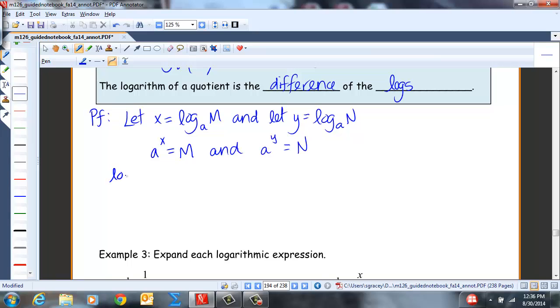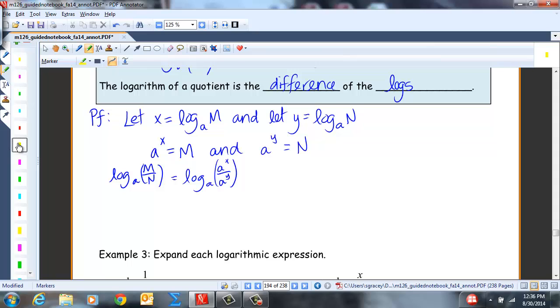So log base a of m divided by n will be equal to log base a of a to the x divided by a to the y. So again, a to the x is substituted in for m, and a to the y is substituted in for n.